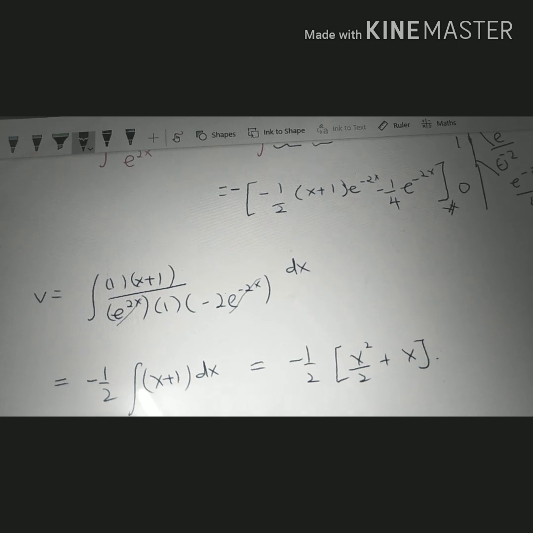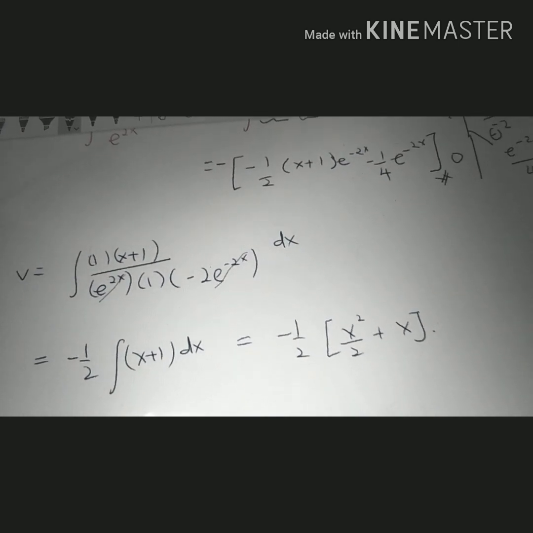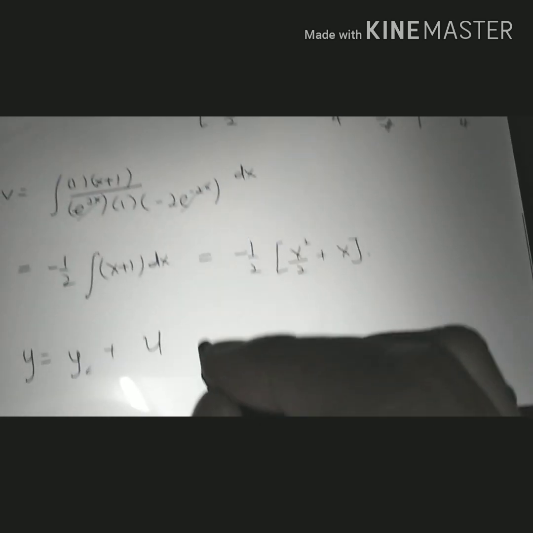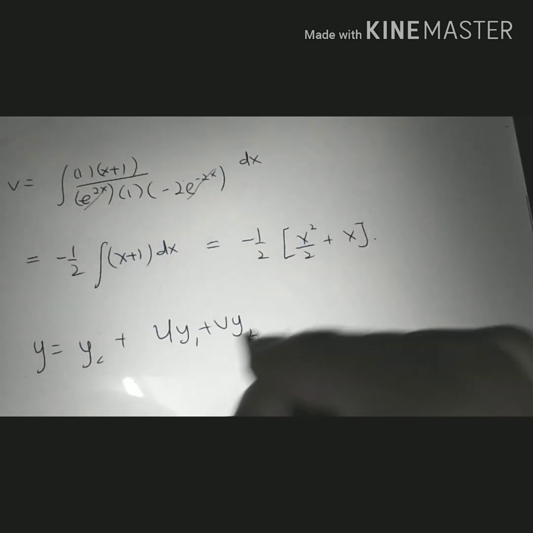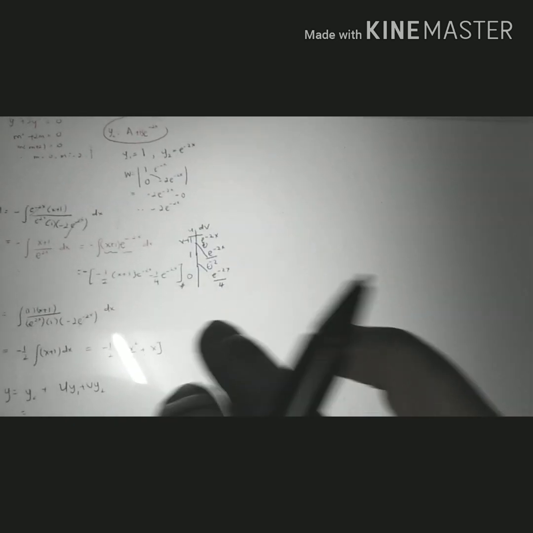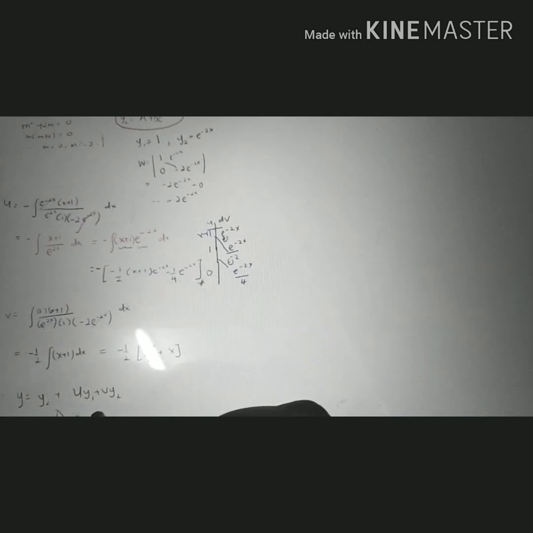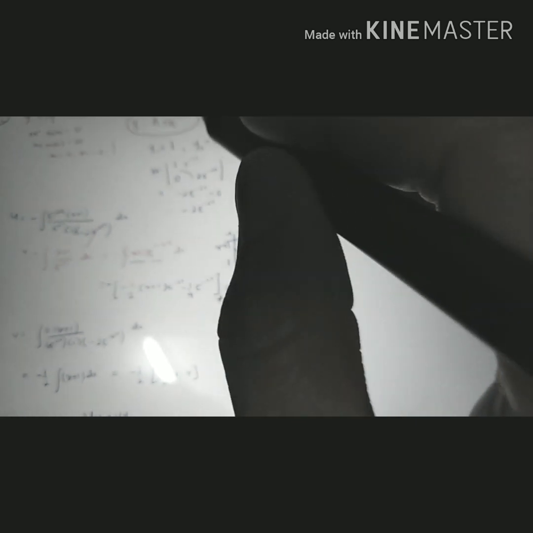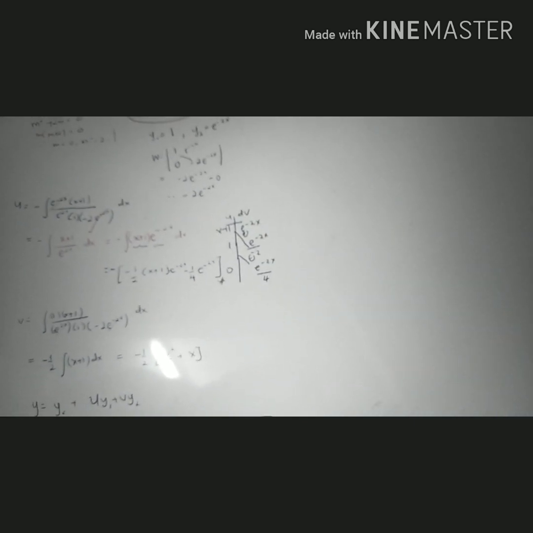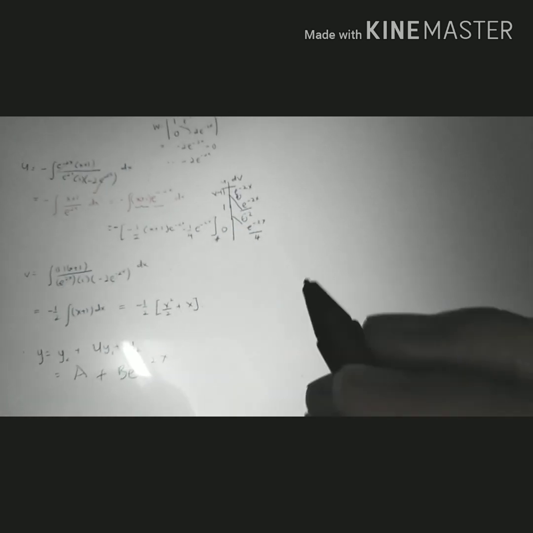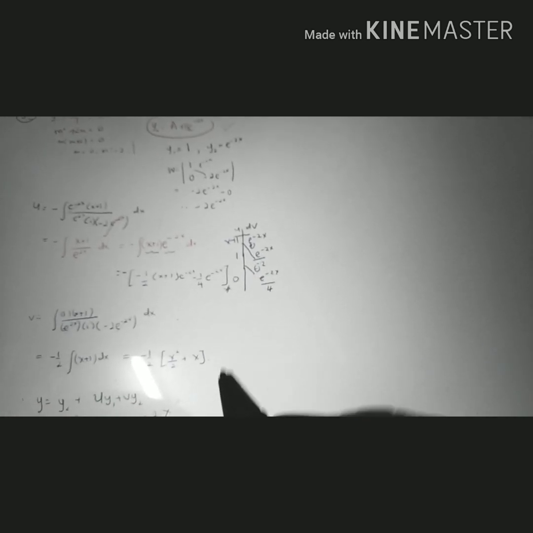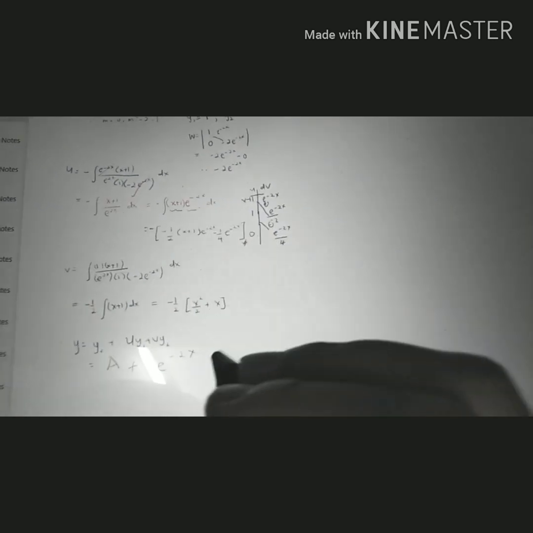So here I have negative half, x squared over 2 plus x. And finally, I have the solution of y equals yc plus yp, which is u y1 plus v y2. So yc is a plus b e to the negative 2x, and next plus u.